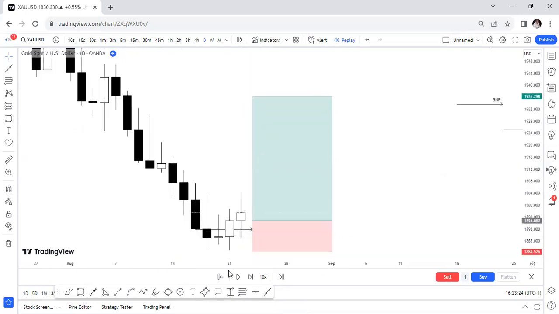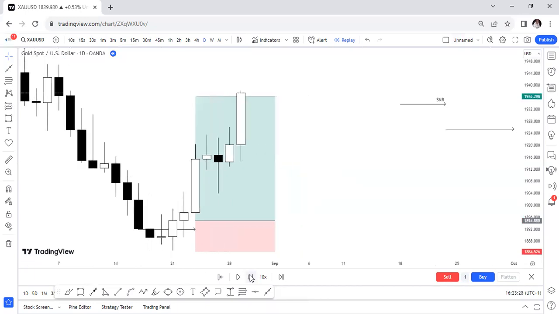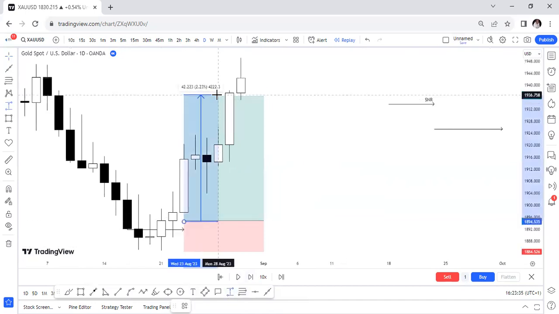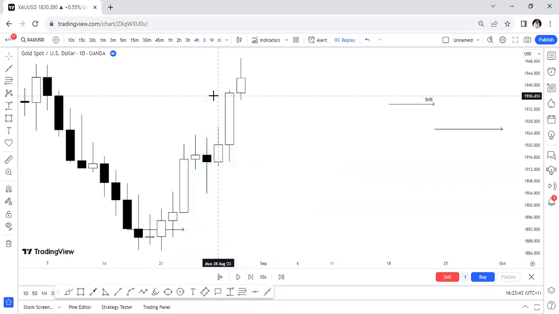And what happens? You see how the price moves, and wow. You've gotten almost 422 pips in 4 days. 422 pips.